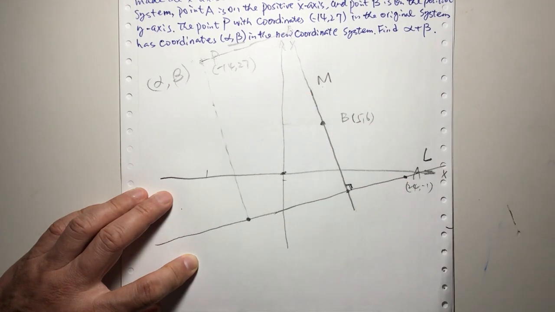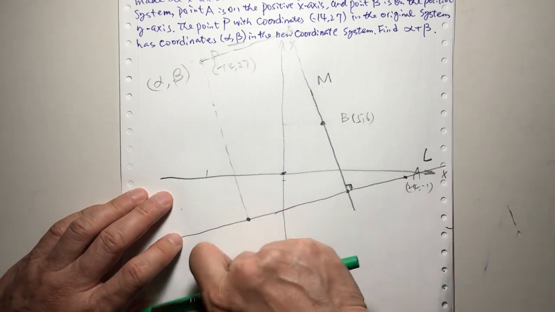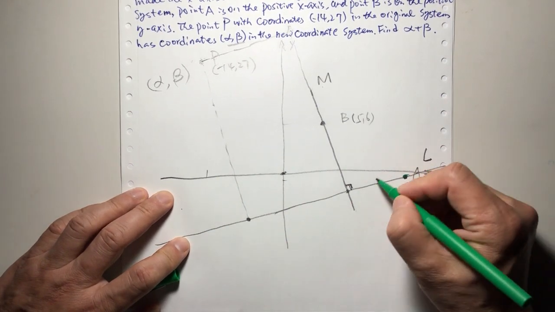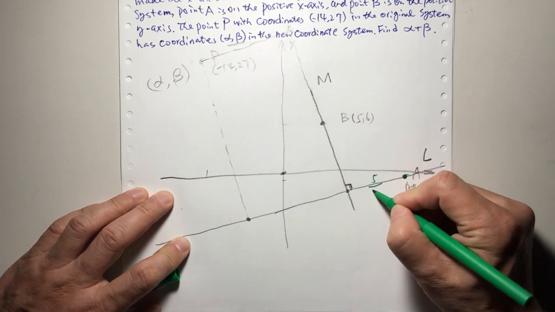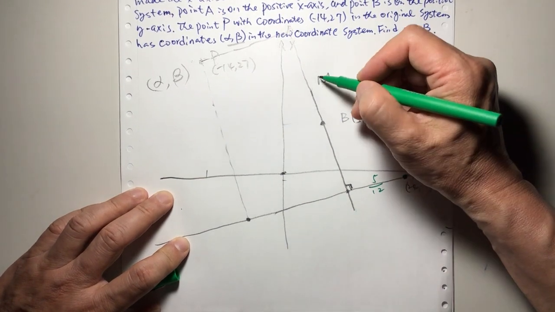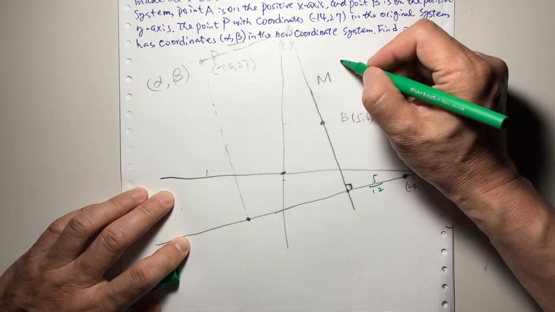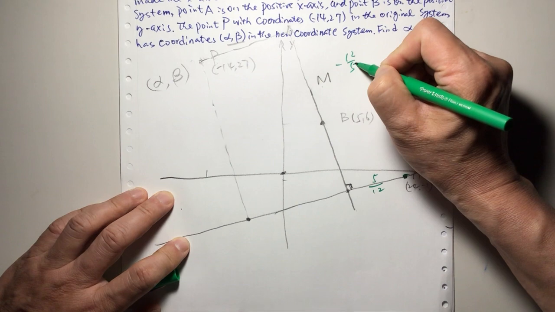Okay, let's try. We know a point and the slope. The slope is 5/12 for line L, and M is perpendicular to this, so its slope is -12/5, right?